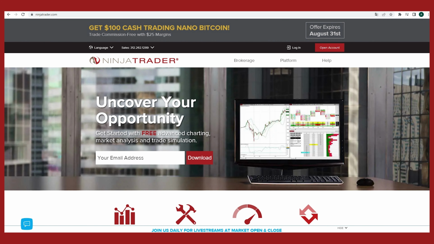Another interesting platform is Ninja Trader. Ninja Trader, unfortunately, you can use it with few brokers, and one of the brokers that you could use it with is interactive brokers. You cannot use it with CMEG, you cannot use it with Cobra Trading. Ninja Trader is actually one of the best platforms for those people who are interested in coding their own indicators or coding their own automation trading softwares. You could do that with interactive brokers, you could do that with DAS Trader, you could do it with Cobra Trading.